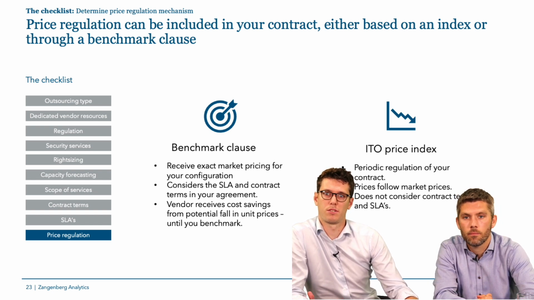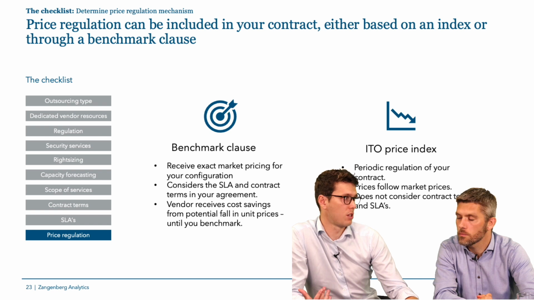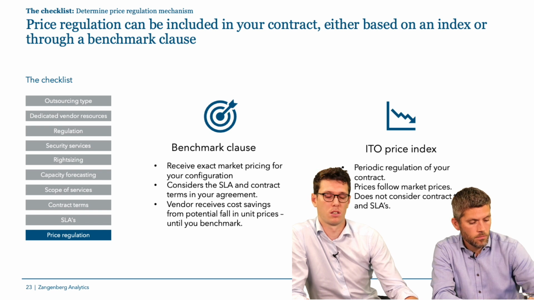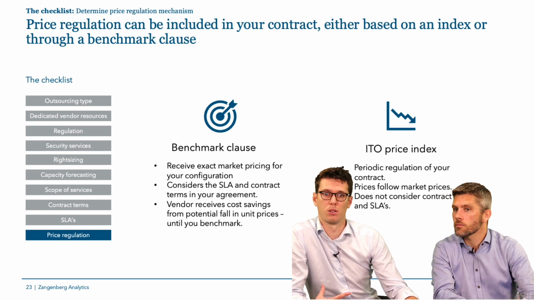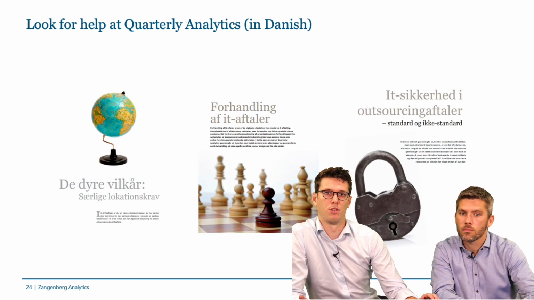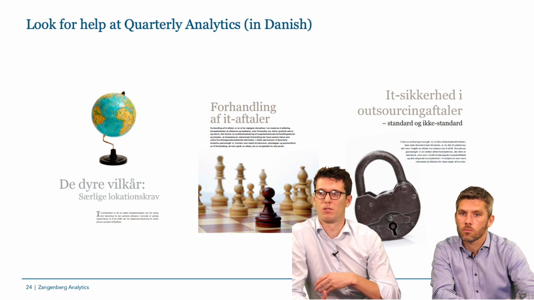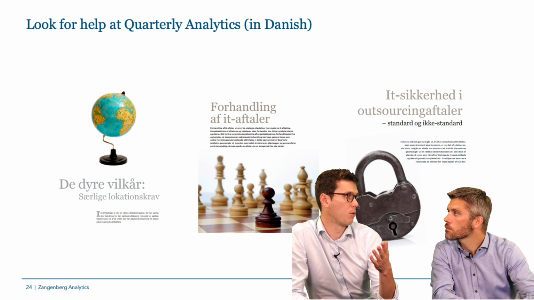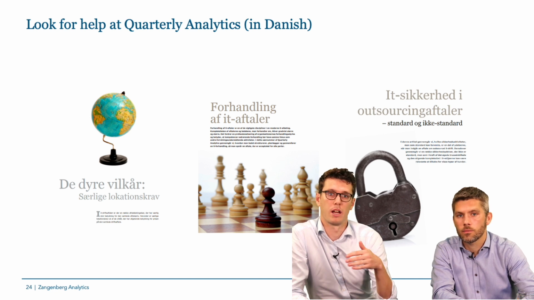So this was the checklist. These were the 10 things that we believe you should do or consider before you go into an agreement. We want to wrap it up now, but first we just want to make a quick disclaimer that we have our research magazine, Quarterly Analytics, where a lot of the things we are talking about today, you can find long pieces of research describing how to do.